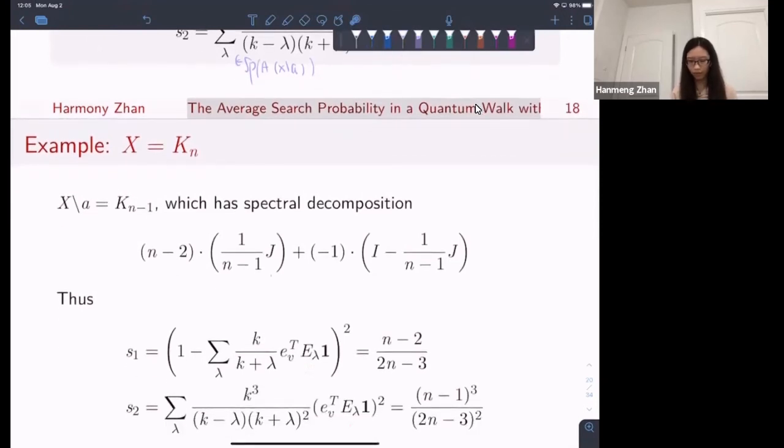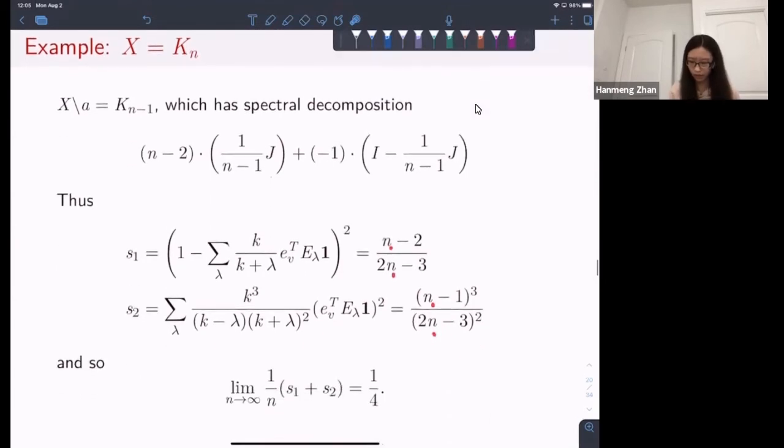Okay, you can plug them in, and it turns out S1 and S2 are just functions of the size of the graph. Now, if you divide S1 by n, this converges to a constant divided by n, so it disappears. It doesn't contribute to search in the limit. And divide S2 by n, this is 1/4 as n goes to infinity. So that explains why for the complete graph, the average search probability goes to 1/4 as the size increases.